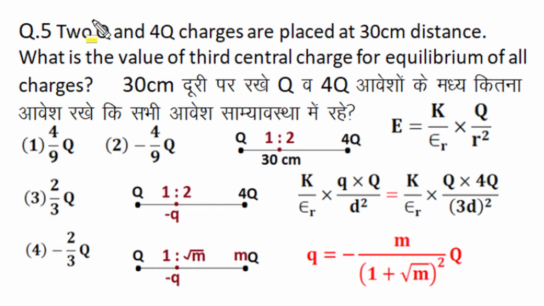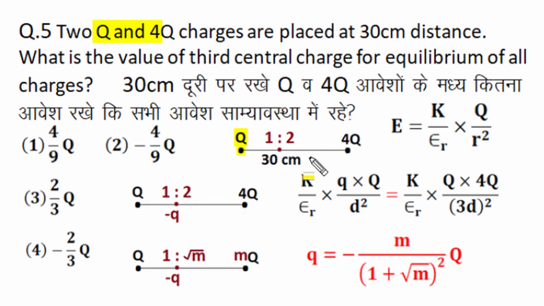Two point charges, capital Q and 4Q, are placed at 30 cm distance. We have to find a third central charge such that the system of 3 charges remains in equilibrium. The position of the third charge should be a position of electric neutrality, where the resultant electric field by the other two charges becomes 0.